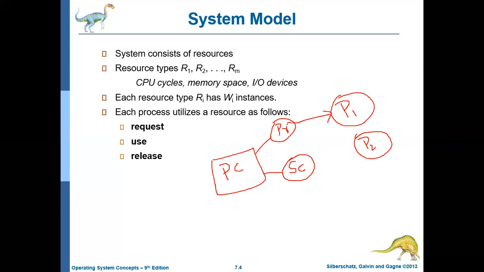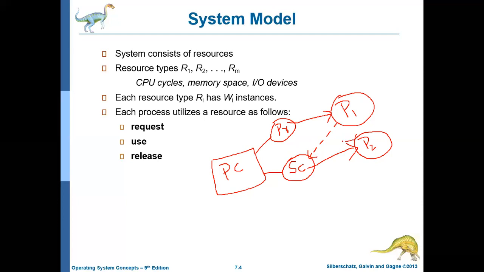Okay, the printer is given to the process P1 and the scanner is already given to the process P2. Scanner is already given to the process P2. Okay, now say that the process P1 needs scanner. The process P1 needs scanner before releasing the printer. This is the situation. Process P1 needs scanner before releasing the printer.